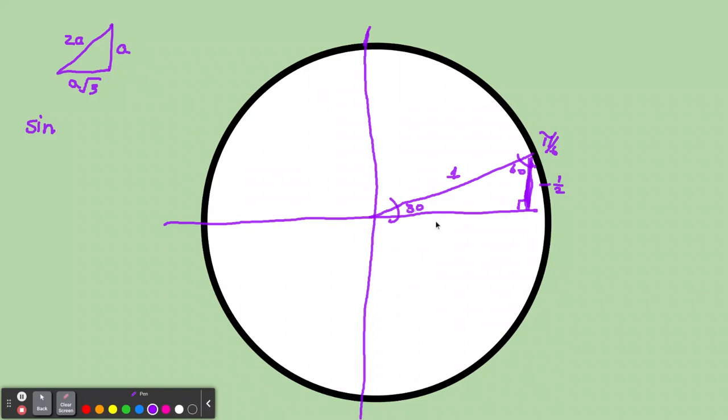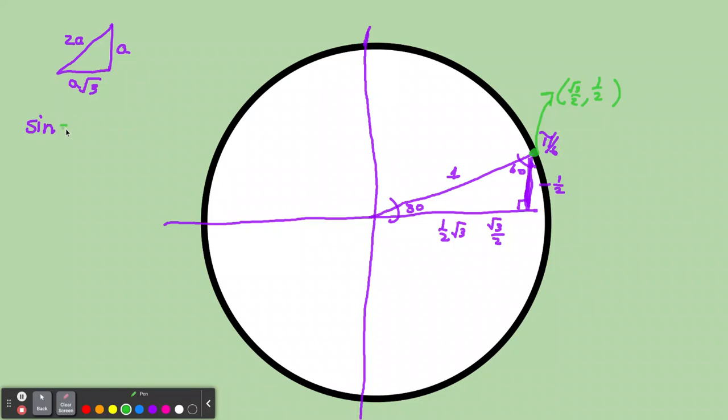It's obvious. And this would be half times the square root of 3, which is just the square root of 3 over 2. So we have our lengths, and we can say that this coordinate right here in green, the y is half, but the x is the square root of 3 over 2.